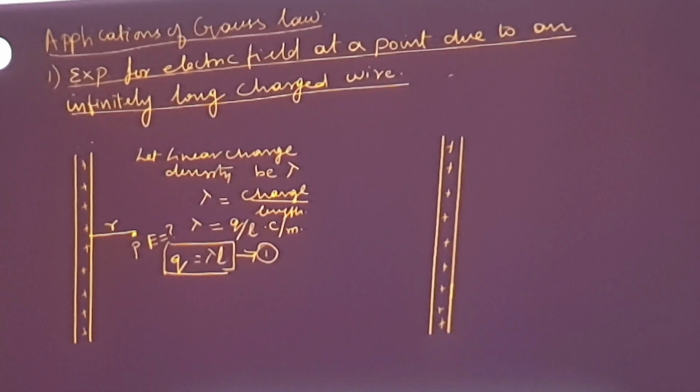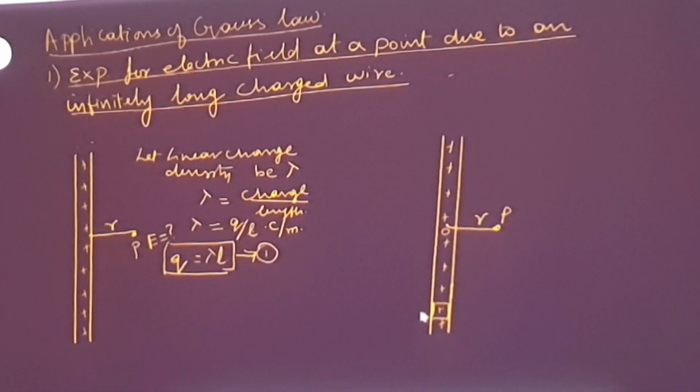In order to apply the Gauss law to this infinitely long conductor, I have drawn that long conductor again. Consider a point P at a distance R from the center point O. Now, in order to calculate the electrical field by applying Gauss law, consider two small charged elements in this long conductor.